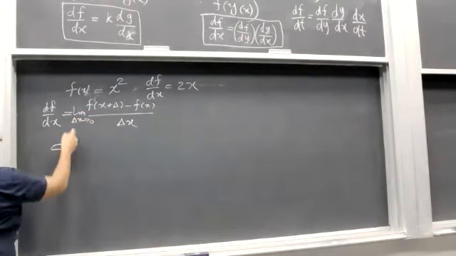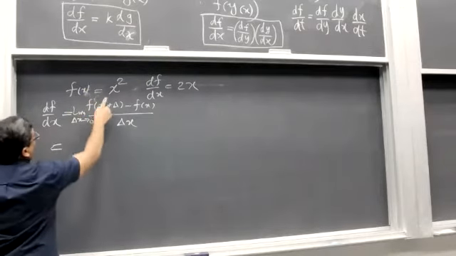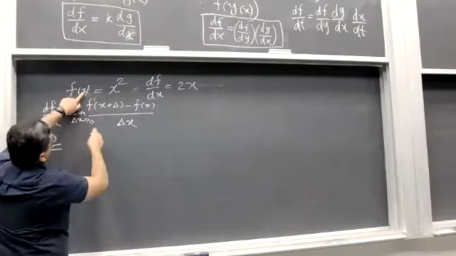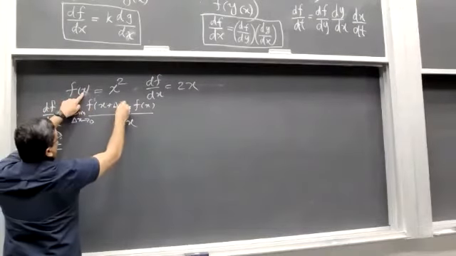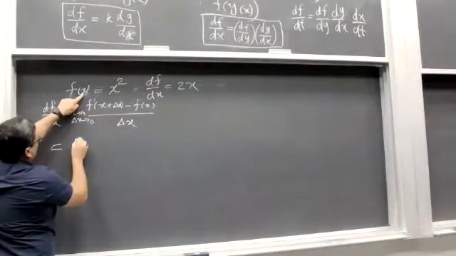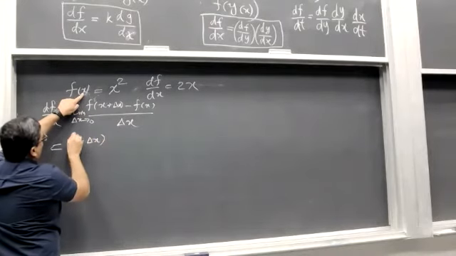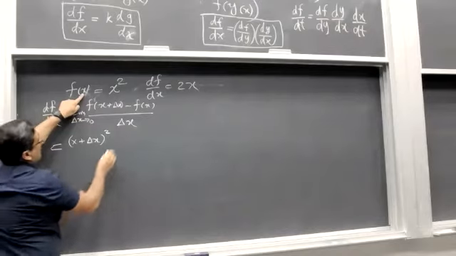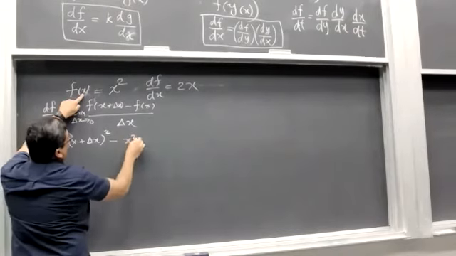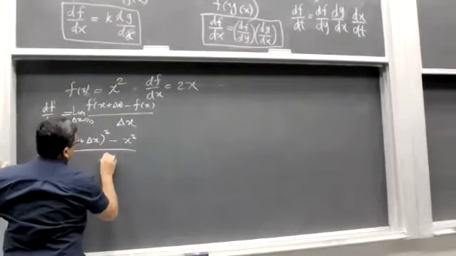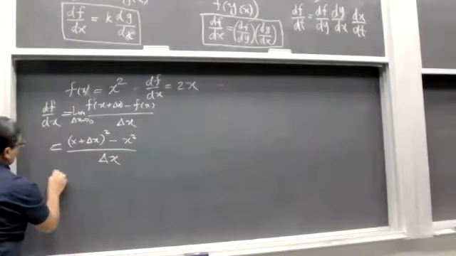So let's apply this definition to this function, which is x squared. Once I substitute the value of x with x plus delta x, I will get x plus delta x squared minus x squared, which is just the function as such, divided by delta x.